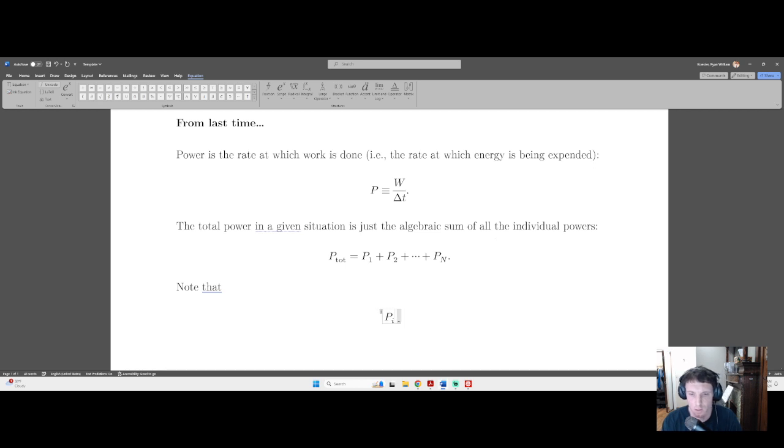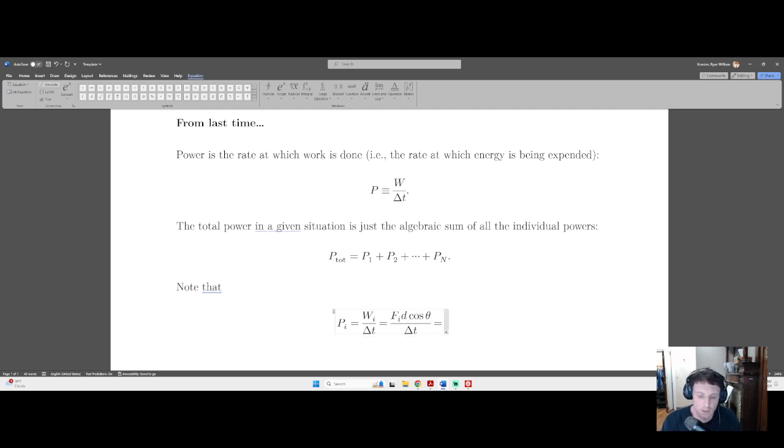Say you have multiple forces doing work on an object, and you're asked about the power associated with the work being done by one of those forces. If you look at the equation that I wrote, it would just be the work associated with that force over the appropriate time interval. But let's remember that work is a force times a displacement times a cosine of theta. It's still over a time interval.